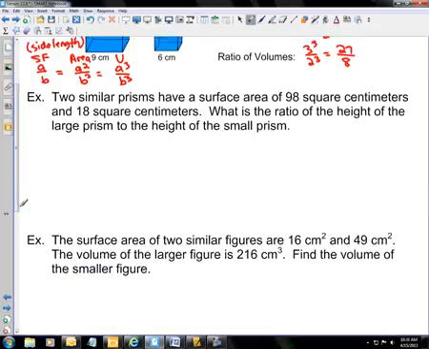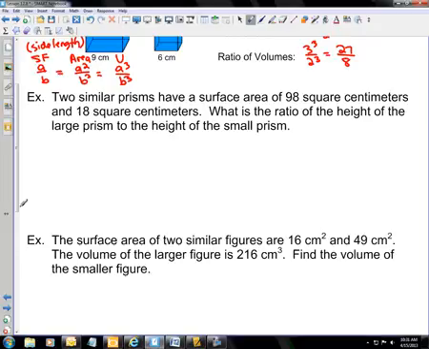It says two similar prisms have surface areas of 98 square centimeters and 18 square centimeters. What is the ratio of the height of the large prism to the height of the small prism? It gives me the surface areas, and I want a ratio of the heights.